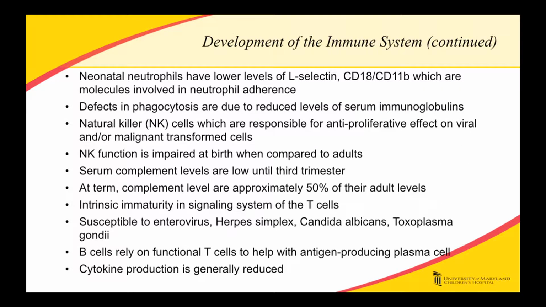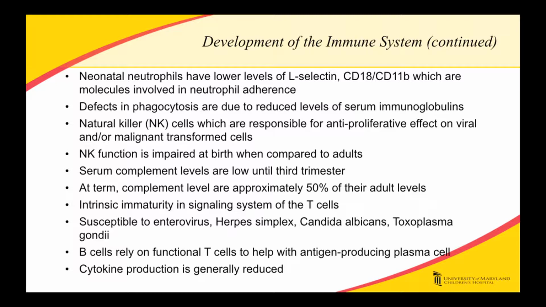Neonatal neutrophils also have a lower level of L-selectin, CD18, and CD11b, which are molecules that are involved in neutrophil adherence. Defects in phagocytosis are due to the reduced levels of serum immunoglobulins. The natural killer cells are responsible for the anti-proliferative effect on viral or malignant transformed cells. Their function is also impaired at birth when compared to adults. Serum complement levels are low until the third trimester.